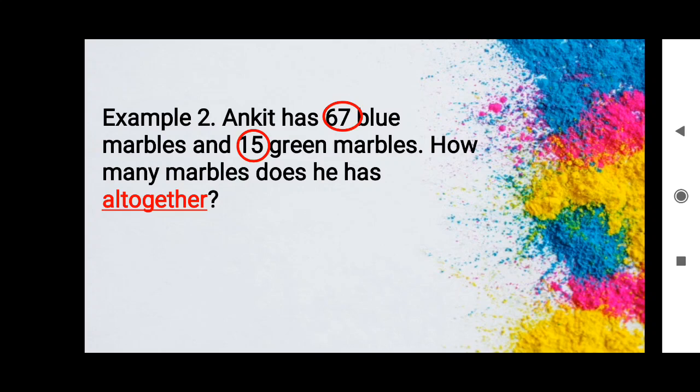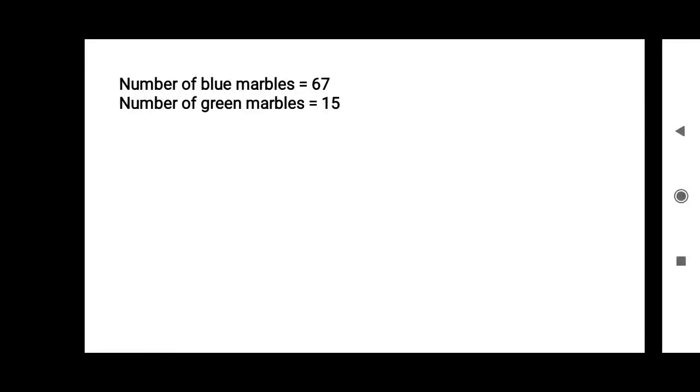So what does 67 represent here? 67 represents number of blue marbles and 15 represents number of green marbles. So I will write a statement as number of blue marbles equals 67, and next statement will be number of green marbles equals 15.